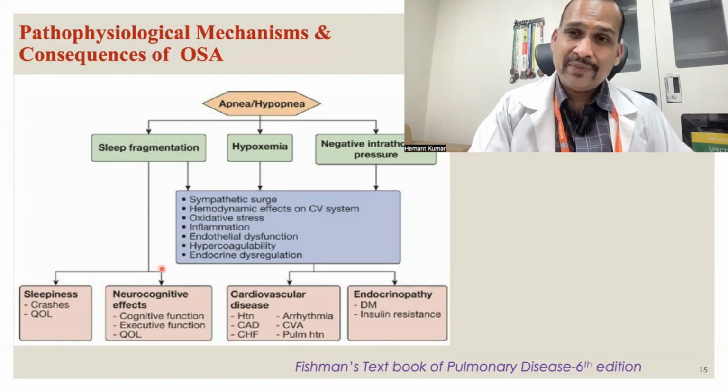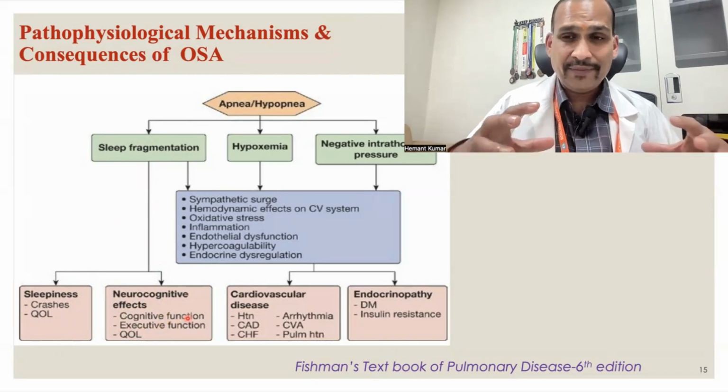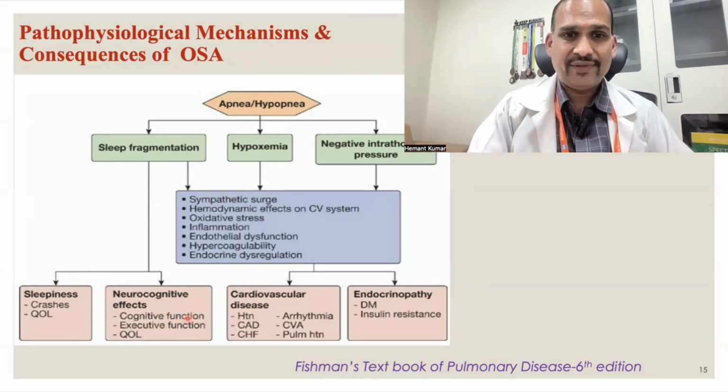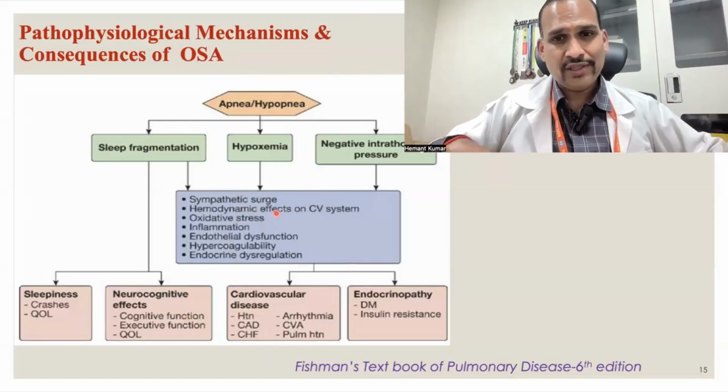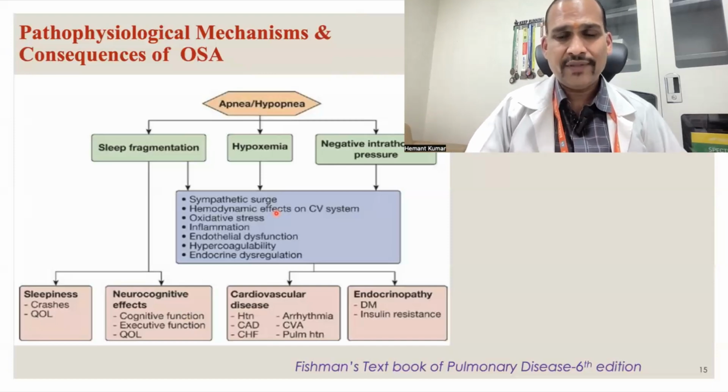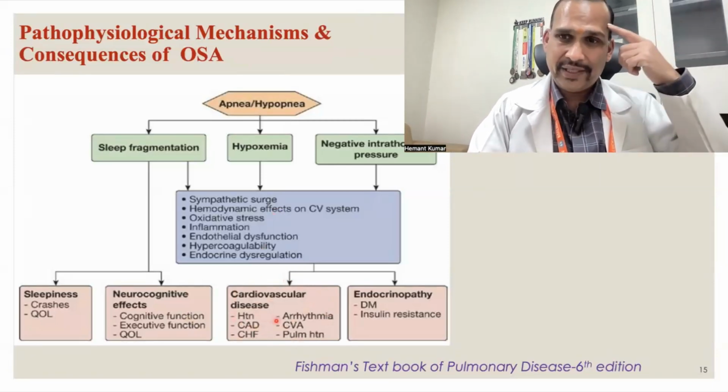Okay, if somebody does not get sleep at night, in the daytime he will have low quality of life, more fatigue, and less cognitive function. The patient will not have enough concentration. And as I told you, with repeated hypoxia, less oxygen goes to every organ, so there will be problems in the heart and brain.